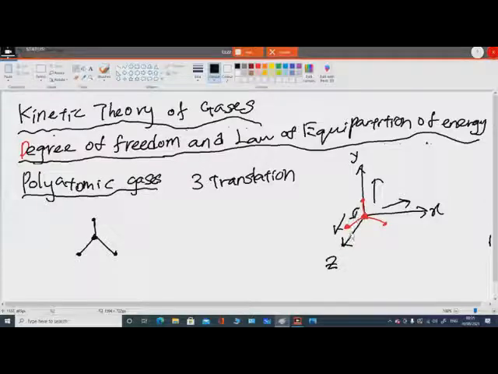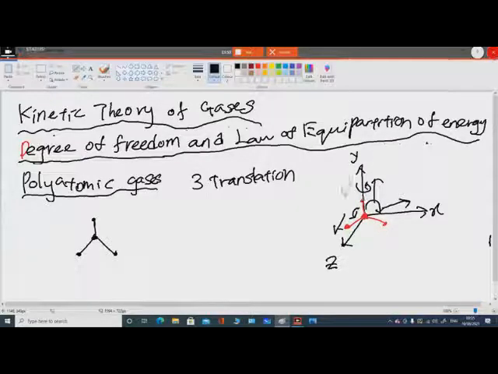As for the x-axis, it is also able to rotate along the x-axis. And if it wishes to move upwards, which is the y-axis, it is also able to rotate along the y-axis.